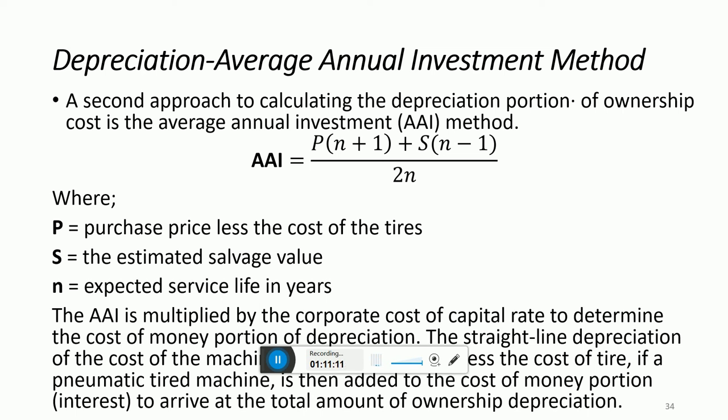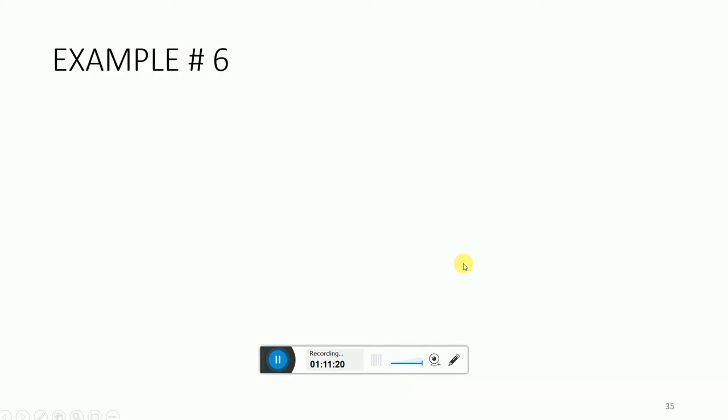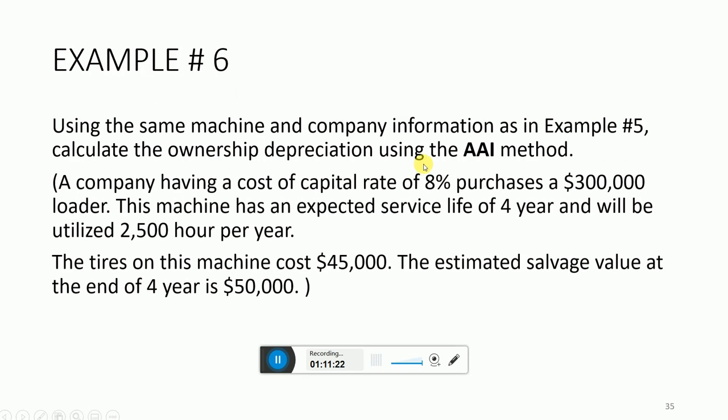On this formula, we are going to solve the previous example which we have done. So this is example 6. Using the same data which we have adopted for the time value method, we are going to calculate the depreciation through this method.